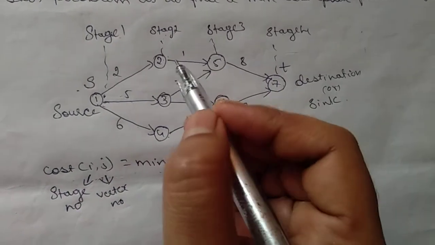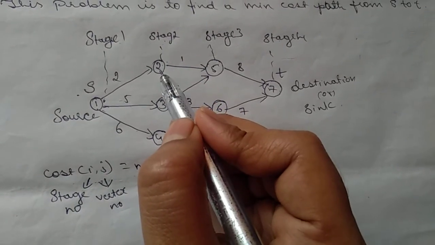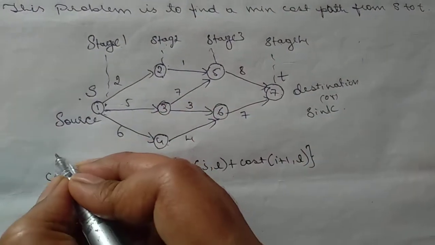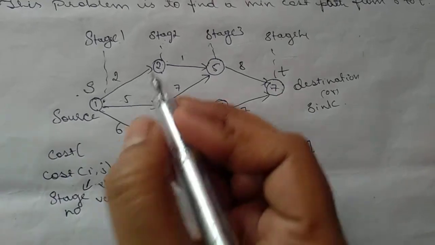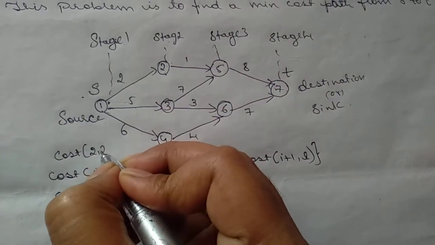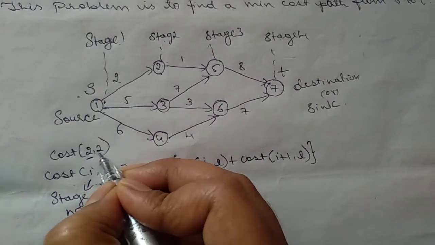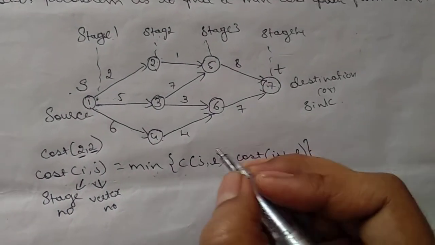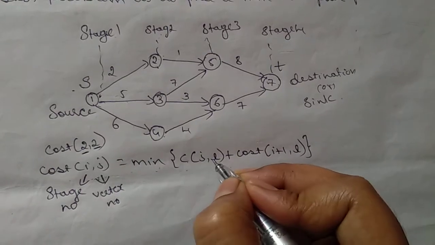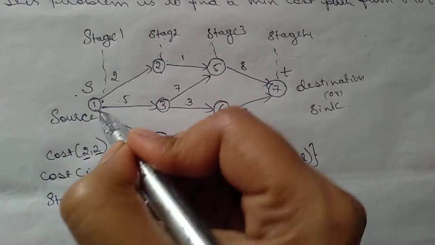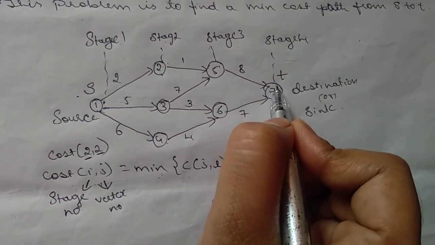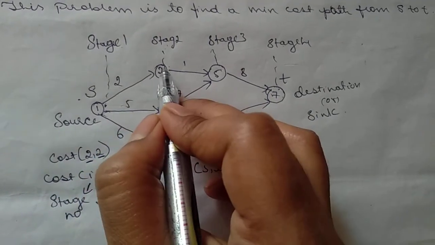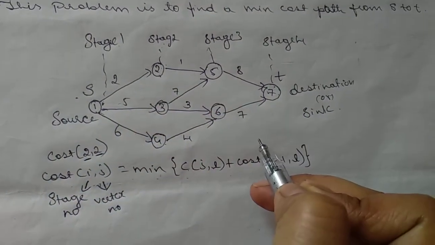For example, if I want to find out the cost for 2, how will you write it? Cost of 2 comma 2, as in stage 2 vertex 2 is present. Here we have c of j comma l. See, from 1 to 7, from 1 to 2 you have to go, 2 to 5, 5 to 7, I have told, is it not?